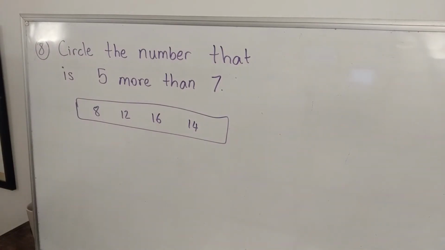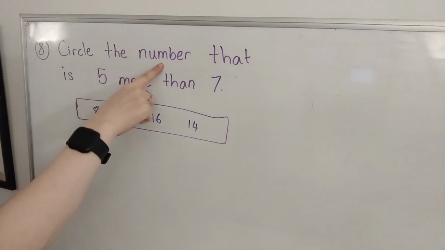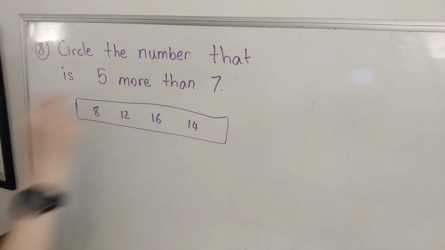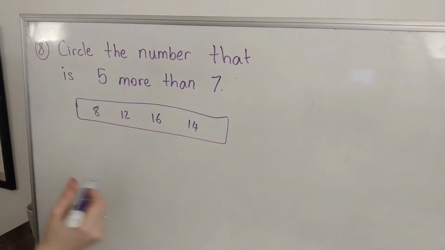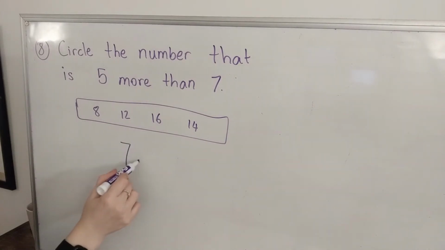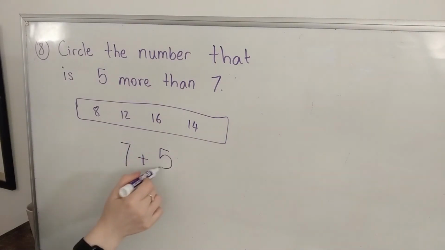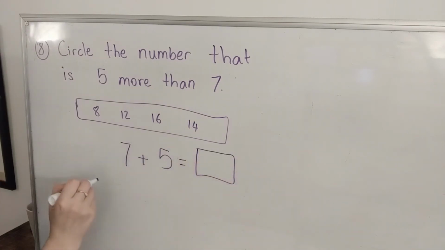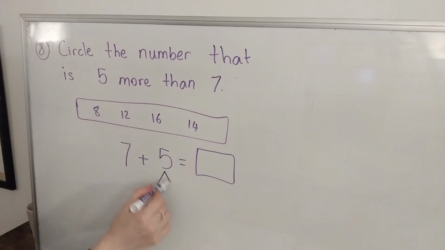Okay, number 8 says, circle the number that is 5 more than 7. 5 more than 7. Well, let's find out. What is 5 more than 7? What does 7 need to get to 10? 7, 8, 9, 10. 7 needs a 3.